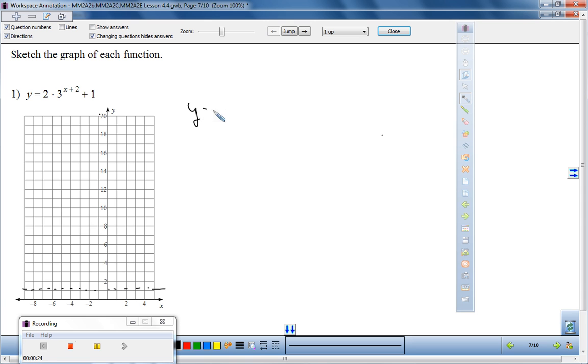Now to graph it, what we're going to do is basically come up with the points of this function and then translate them based off the 2 and the 1. Alright, so let's go 0, 1, and 2.